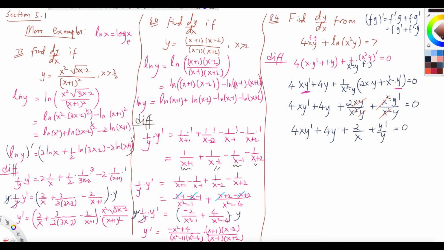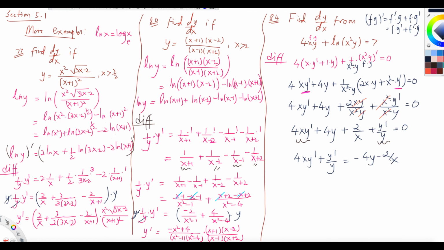You see that 2 of these terms have y prime, and then we move the non-y prime terms to the other side and factor out y prime there, right? That's our goal here. Okay, so 4xy prime plus y prime over y equals to negative 4y minus 2 over x. That's what you get.